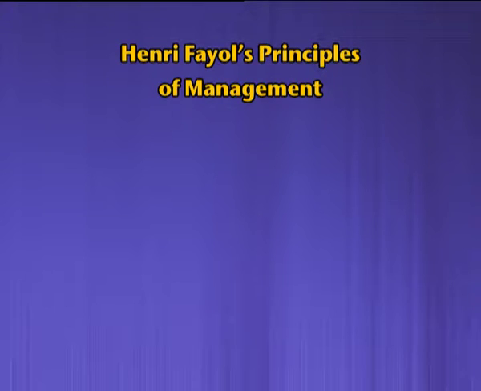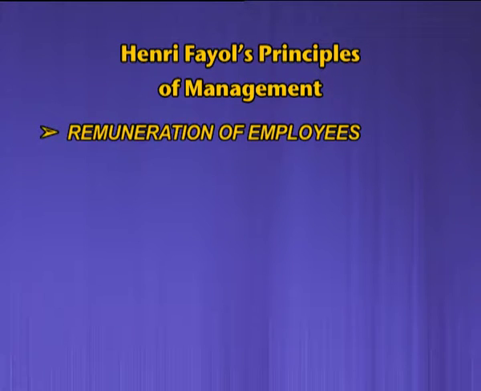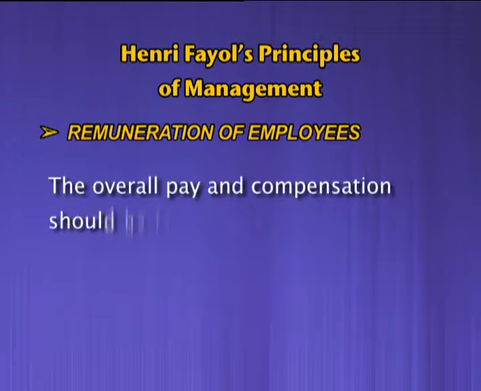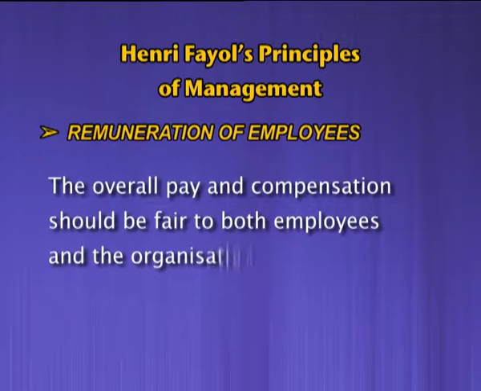Our next principle is remuneration of employees. The overall pay and compensation should be fair to both employees and the organization. It ensures good relations between workers and management, which helps in the smooth functioning of the organization. The management must not try to exploit a particular worker by thinking that the worker is in need of a job.